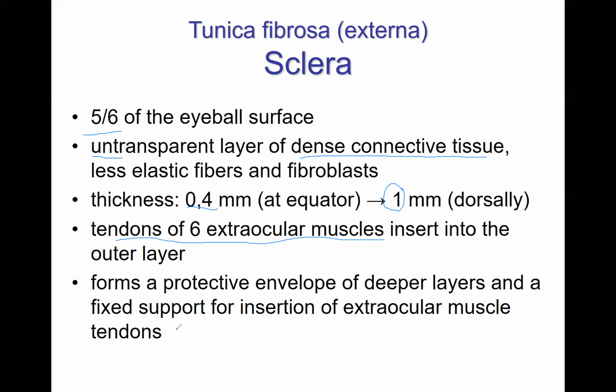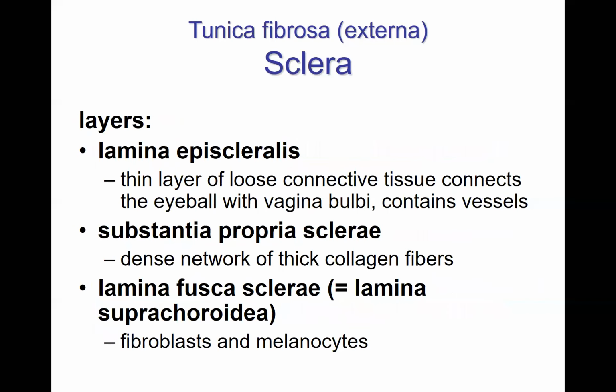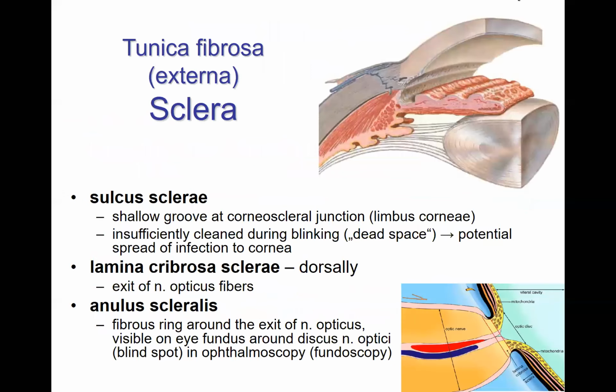So that's the function. It's an insertion of the muscles, and it's a protective cover or envelope of the deeper structures. So nothing special about its composition. But there are 6 structures which you should know. We go through them here.